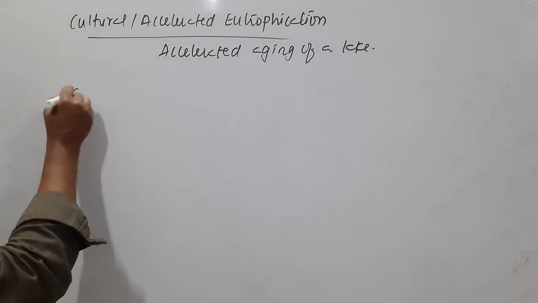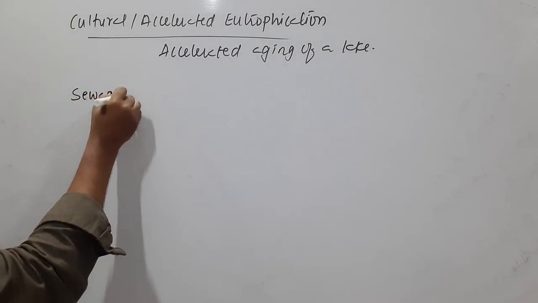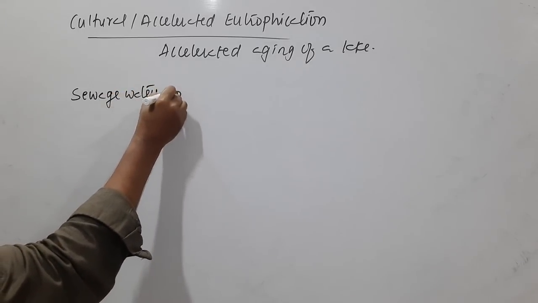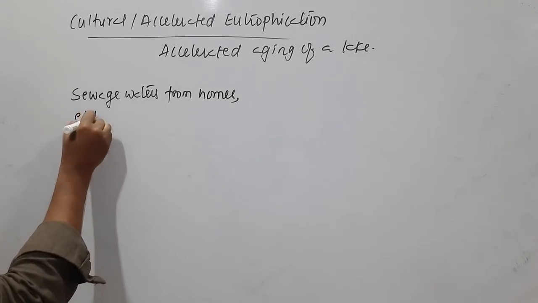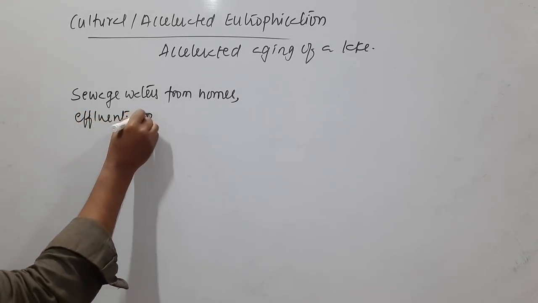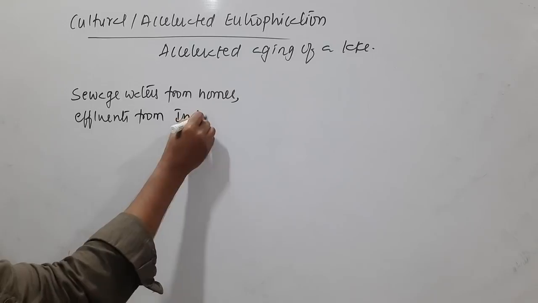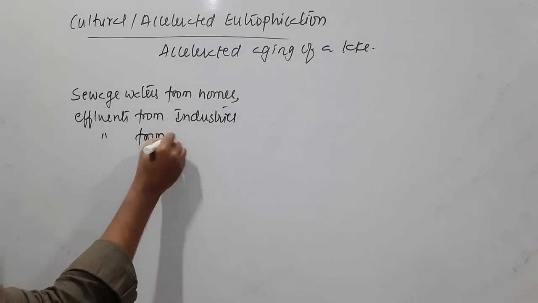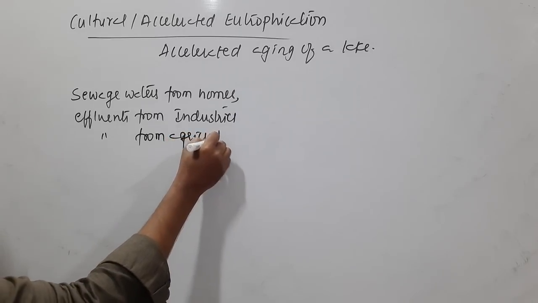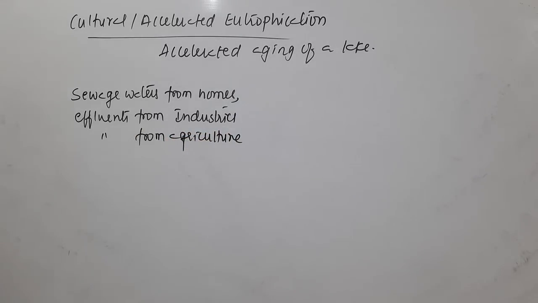Right, the sewage waters from homes, then effluents from industries, and also from agriculture release a lot of waters that may contain nitrates and phosphates.